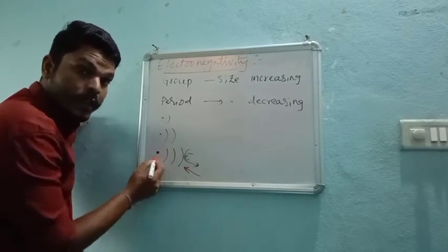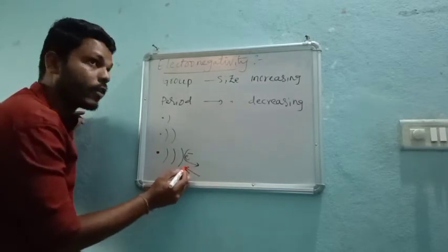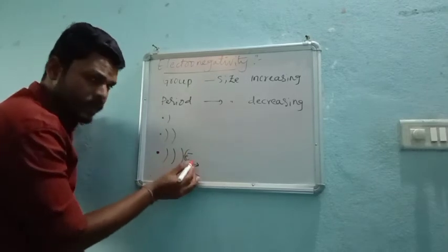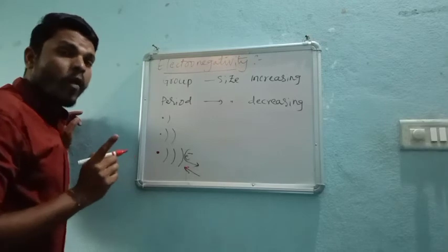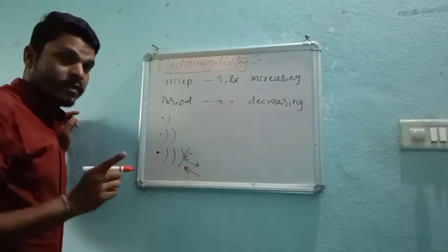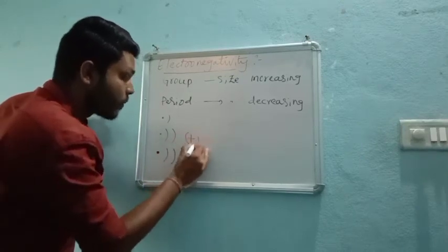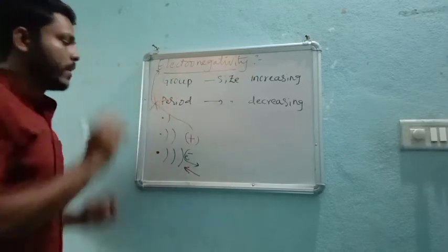What we can do in the atom is either remove the electron or add the electron. So now if I remove this electron, after loss of electron, what charge will the atom get? Positive charge. That is the opposite of negative charge.